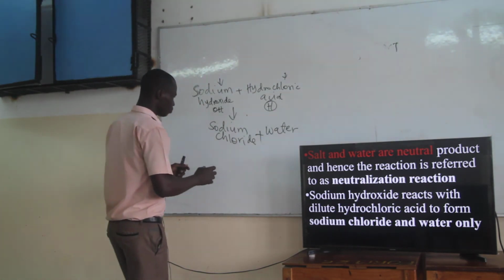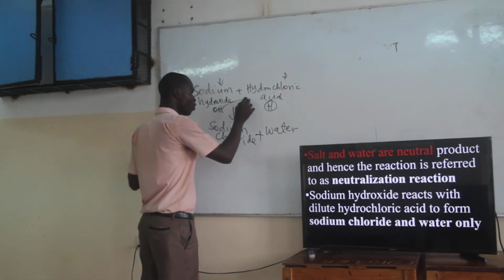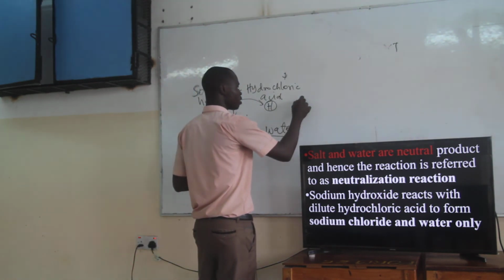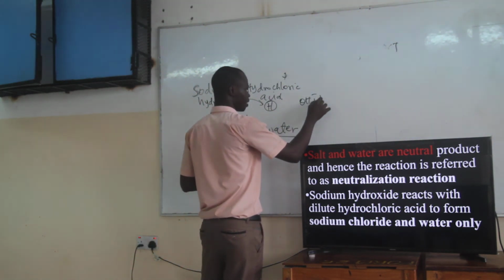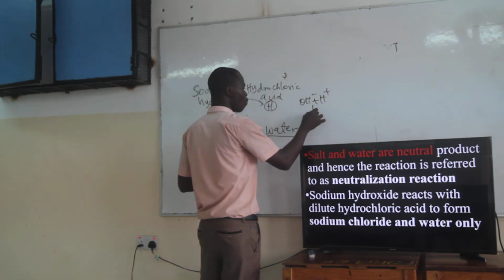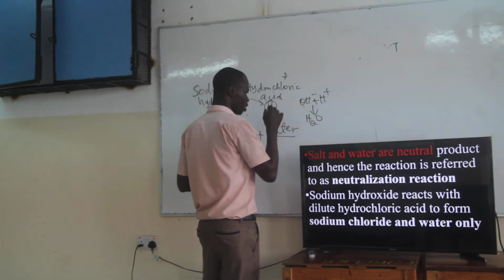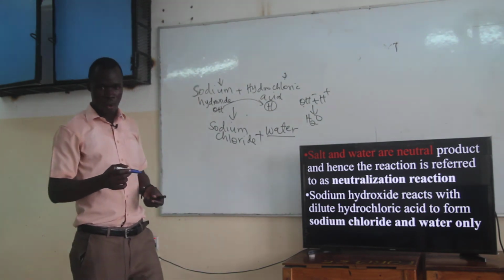So we find that this hydroxyl ion, if you combine it with hydrogen ion, forms water. In other words, OH- plus H+ form H2O.